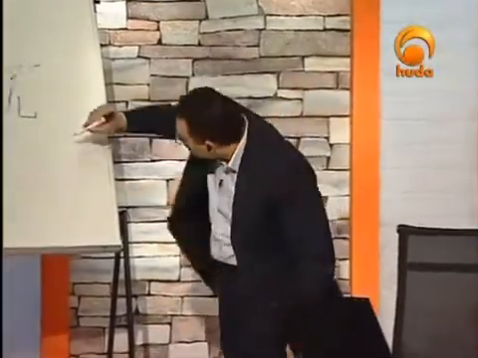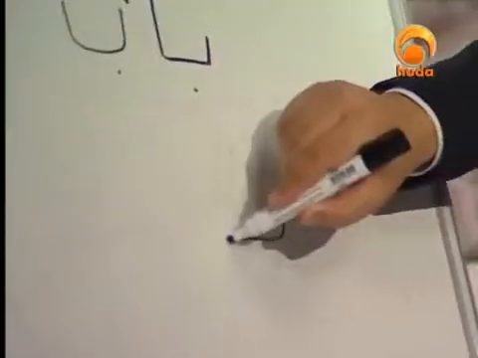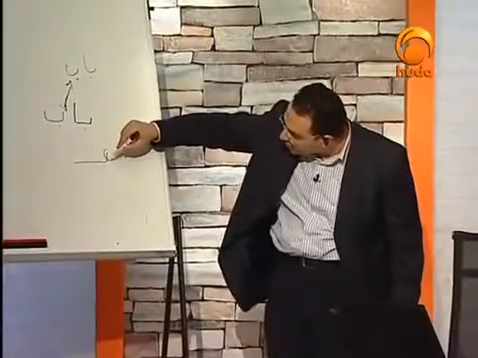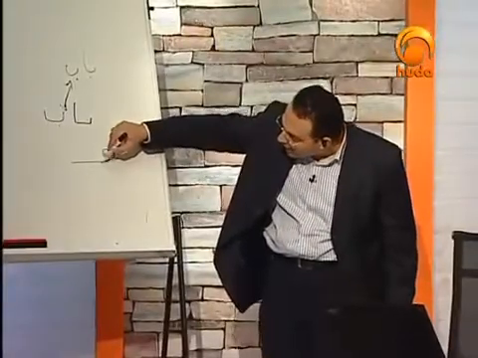So first we write the body from right to left, beginning with a small hook in this way. This is the small hook, and it takes the shape of an angle, a 90-degree angle. Can you see that?